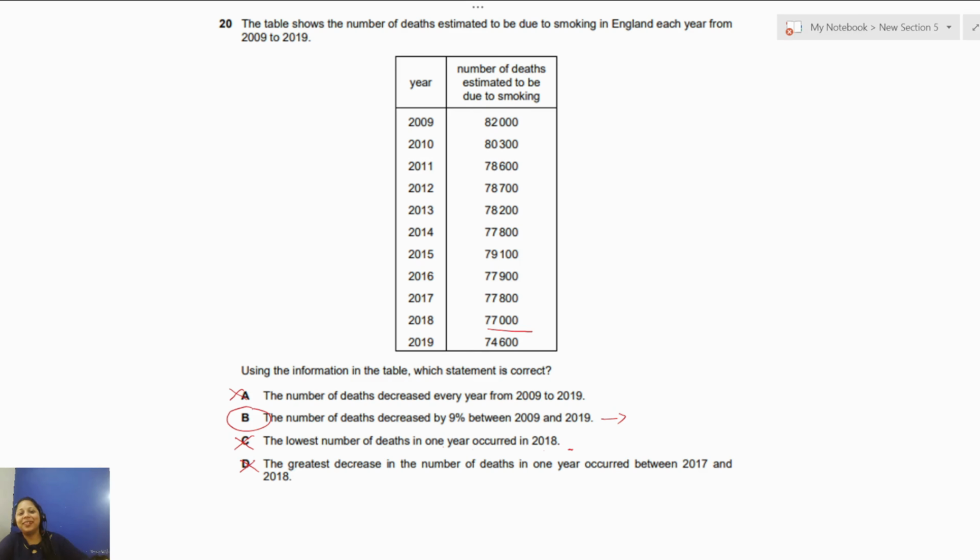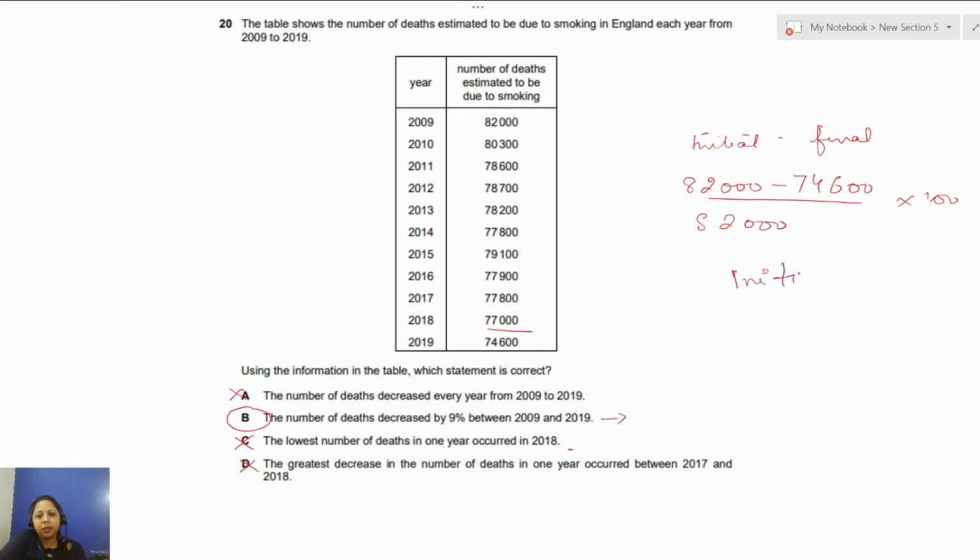But you haven't calculated the values at all. Look, it would be 82,000 minus 74, divided by initial, multiplied by 100. This formula, final minus initial over initial into 100, we have to use so many times in our calculations in biology. So you need to learn this formula. Yes, 82 minus.